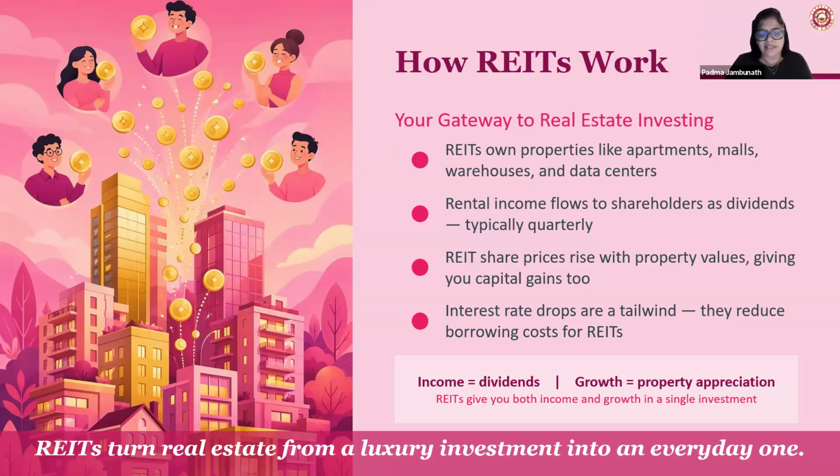So start there. As I told you, that's the simplest approach. You will get exposure to a lot of properties across sectors for about, say, $80 or $90 per share, because that is the range of the ETFs right now. Okay, so that is the REITs for you.